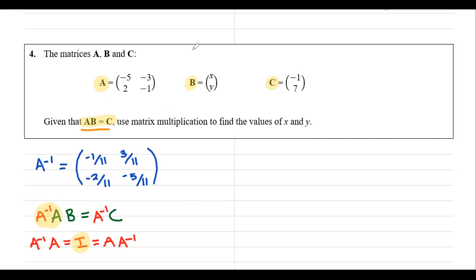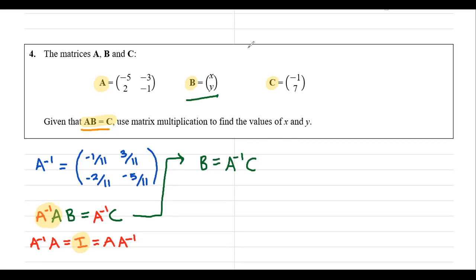So the next step would be, the A to the minus 1 and A will just cancel out. So we're going to be left with B on its own, which is what I want because I want to solve for x and y, and that's going to equal the inverse of A multiplied by C.